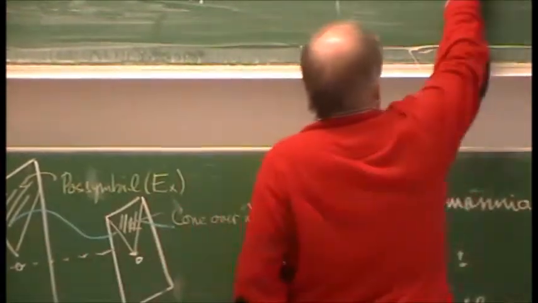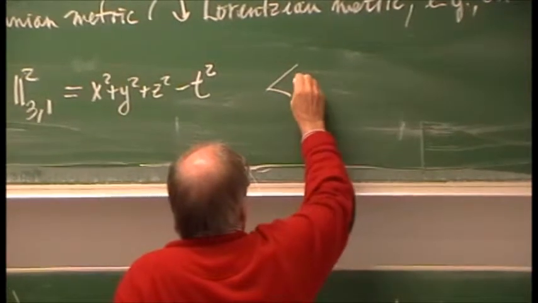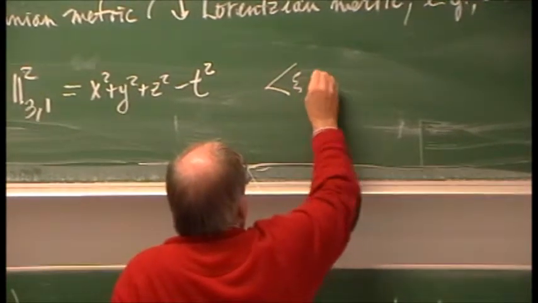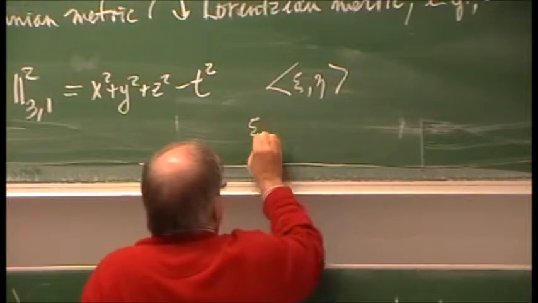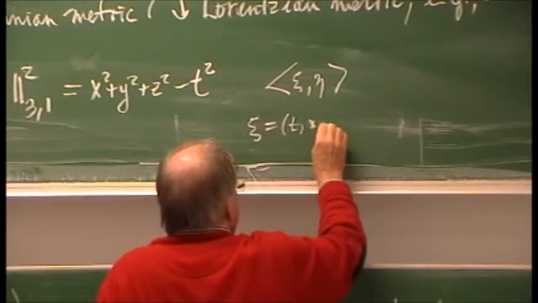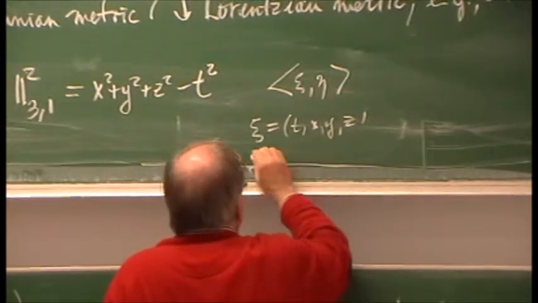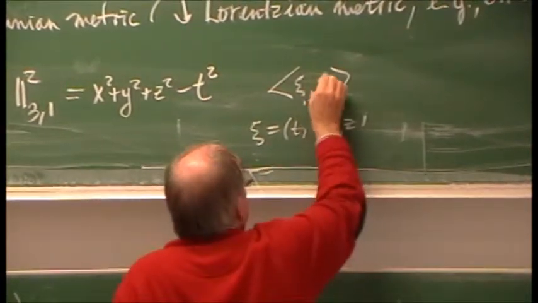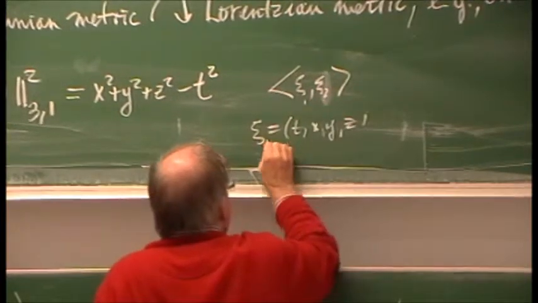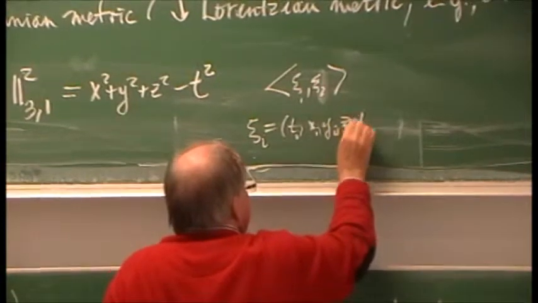If you don't like this, the inner product of, let's say, xi and eta. Let's say xi is the vector t, x, y, z, and let's say xi1 and xi2. So xi_i is t_i, x_i, y_i, z_i.